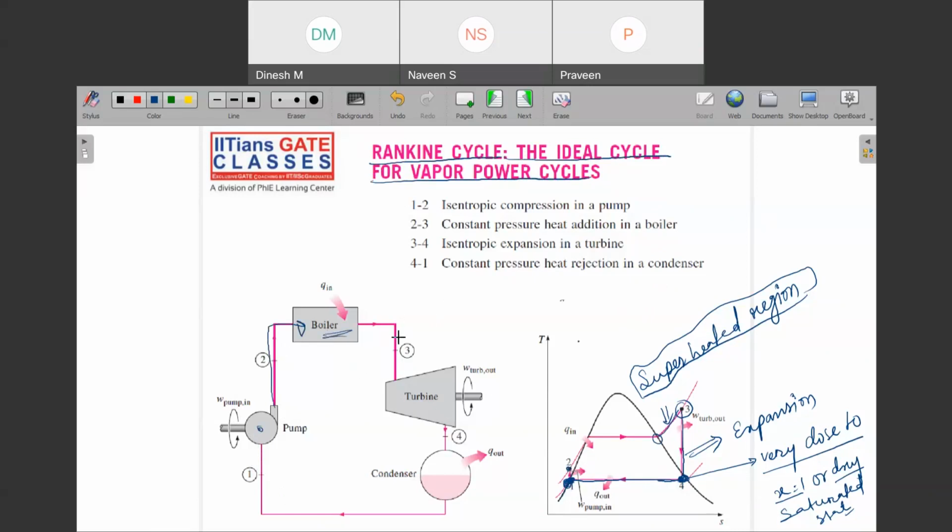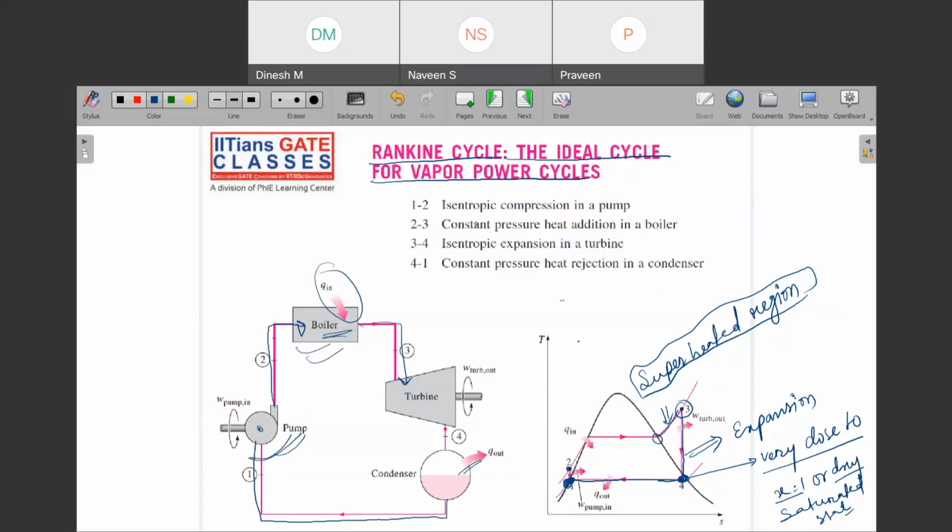So here your boiler has started, you pour some heat into it, and then you expand it in the turbine, and then your condenser rejects the heat, and this is supplied to the pump, and the pump pumps this fluid to the boiler pressure, and this is how it is working.